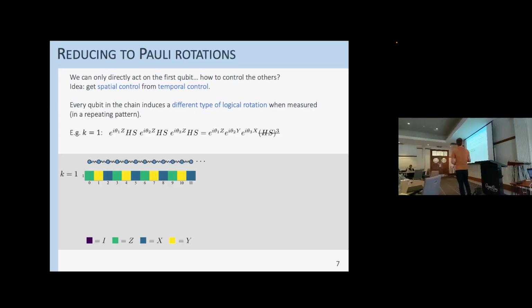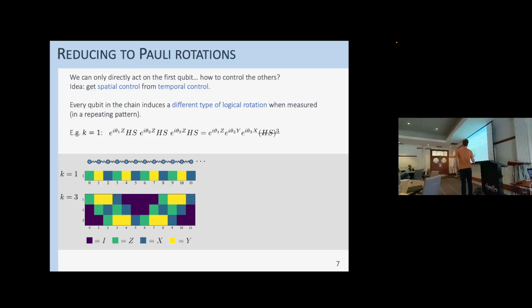If you imagine this chain, it is useful to think in this measurement-based quantum computation picture of measuring the different spins in the chain, but this is also just the different positions of inserting my Z rotations. When you measure the first spin, you induce a Z rotation. The second spin, you induce a Y rotation. The third spin, you induce an X rotation, and so on in this repeating pattern. And so this is universal on one qubit.